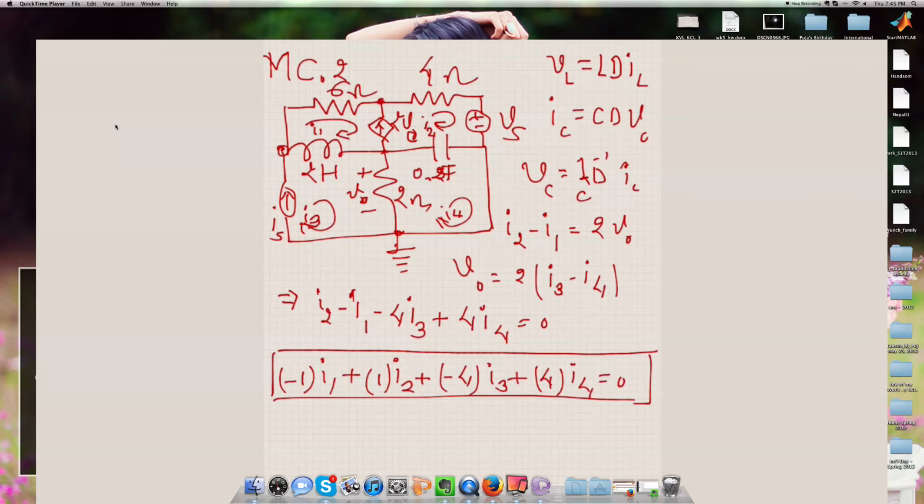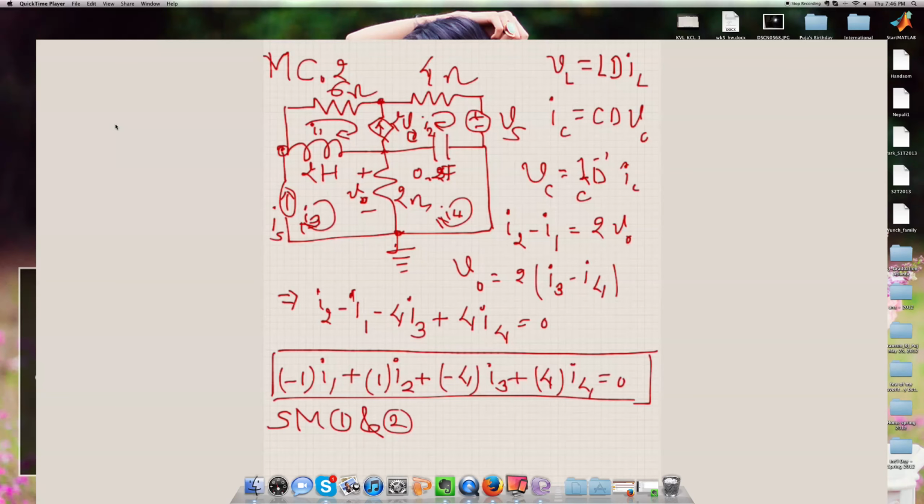Next, let's consider the supermesh 1 and 2. Supermesh 1 and 2. Why supermesh? The reason is we want to use the mesh current technique. So as you go through the meshes, we go around a closed path and collect the voltages on the path.